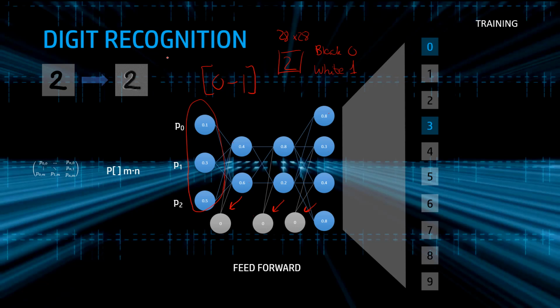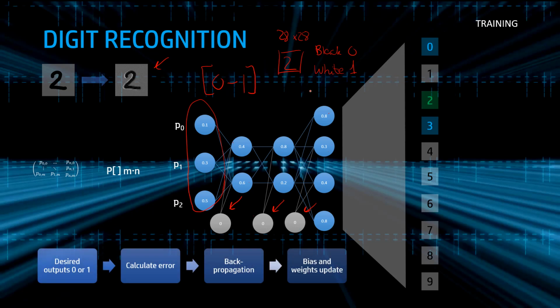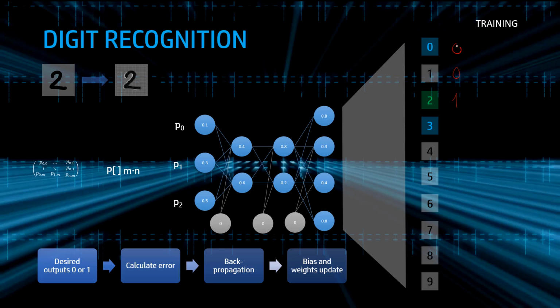But we know that the solution must be a 2, because we are using reinforcement learning. We know that the correct solution is the 2. So we'll do the backpropagation. We'll calculate the error with the desired outputs, because we know this must be a 1, okay, because this is the solution, and the rest are false, false, false, false, false.